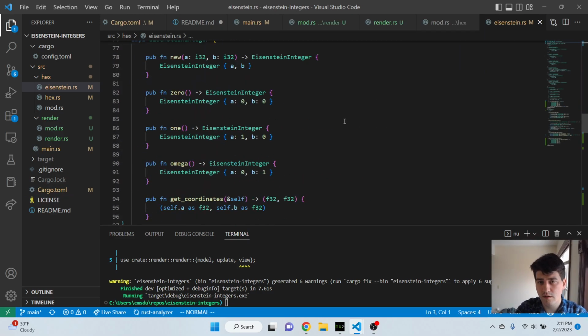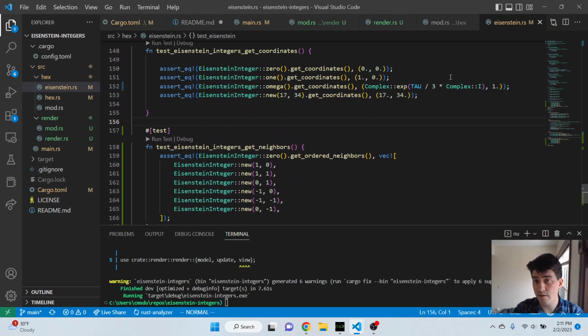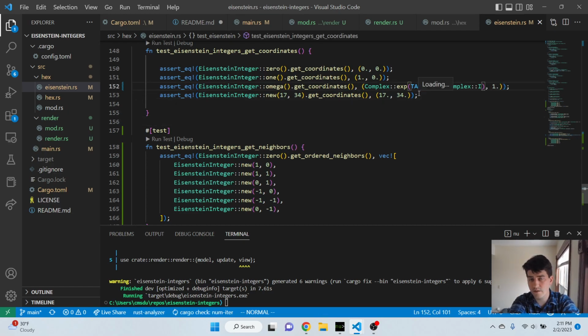Non-complex, and okay, and this should now be correct.